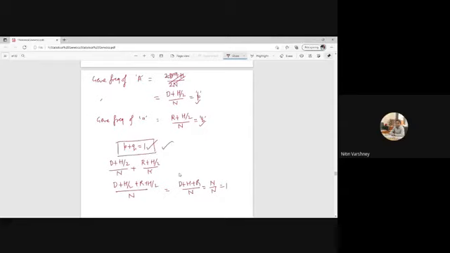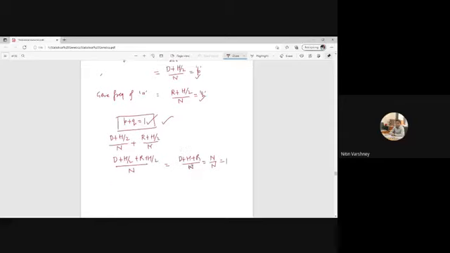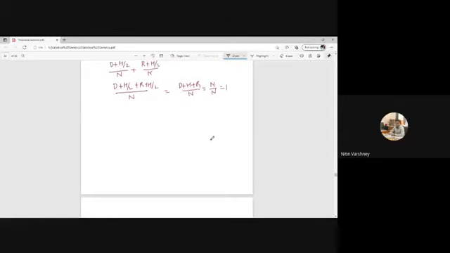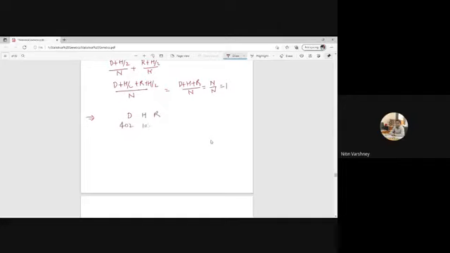Now, in the exam, a question can come like this: if D, H, R is given as 402, 105 and 73, then what will be the gene frequency of A and what will be the gene frequency of small a?